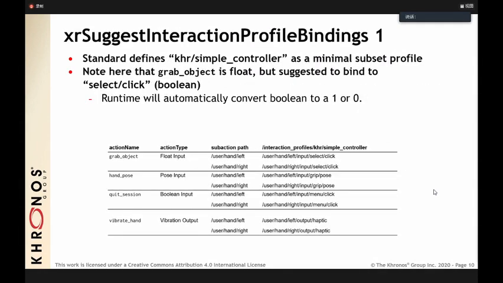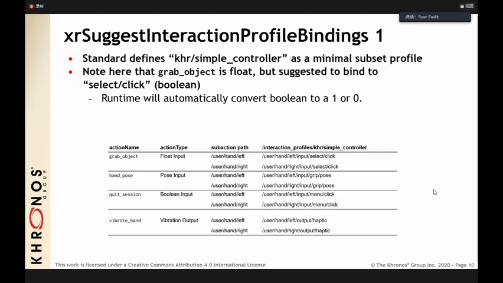After creating that action set and those four actions, it's time to suggest bindings. There are a number of calls in Hello XR to suggest bindings. I've picked a few of them for 3 different interaction profiles to illustrate some key points.